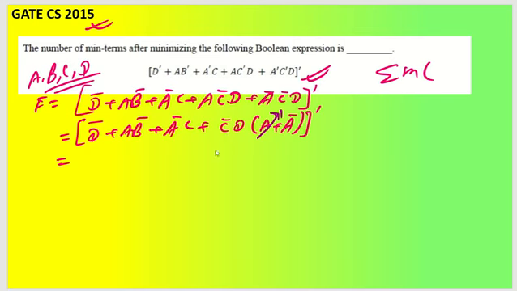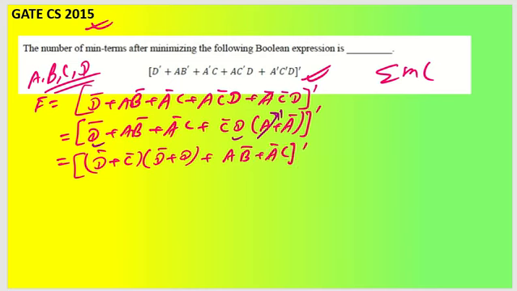Now if we want, we can do a little more simplification. Here we have D bar plus C bar D. If we take this term and this term together, we get D bar plus C bar into D bar plus D, plus again A B bar plus A bar C, whole bar, right?